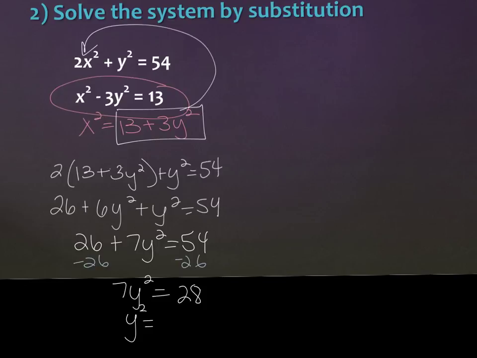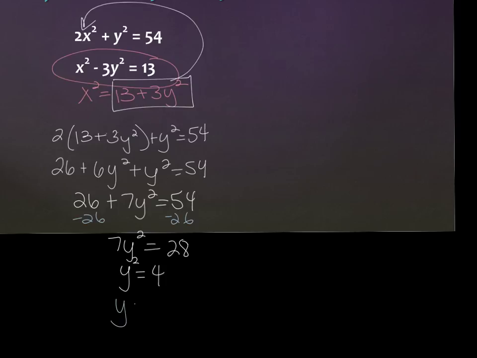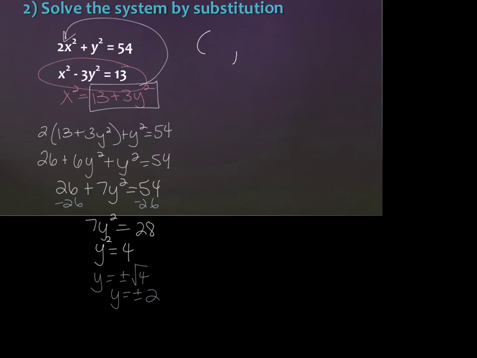Divide by 7. And square root. Plus or minus the square root of 4, which is plus and minus 2. I already know I have at least 2 y's. This would be 2. This would be -2. And then I've got to plug them both back in.